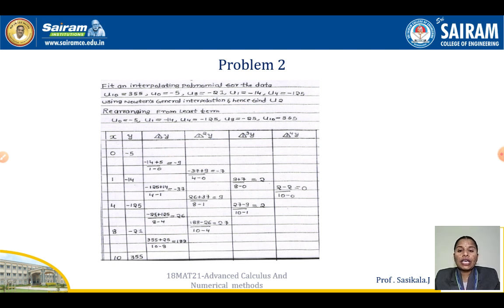It is given in the question. So what is the question asked? That we need to fit a polynomial. That means we are going to fit a polynomial equation by using Newton's divided difference formula. After that, we are going to find at x is equal to 2 what is the value of y.